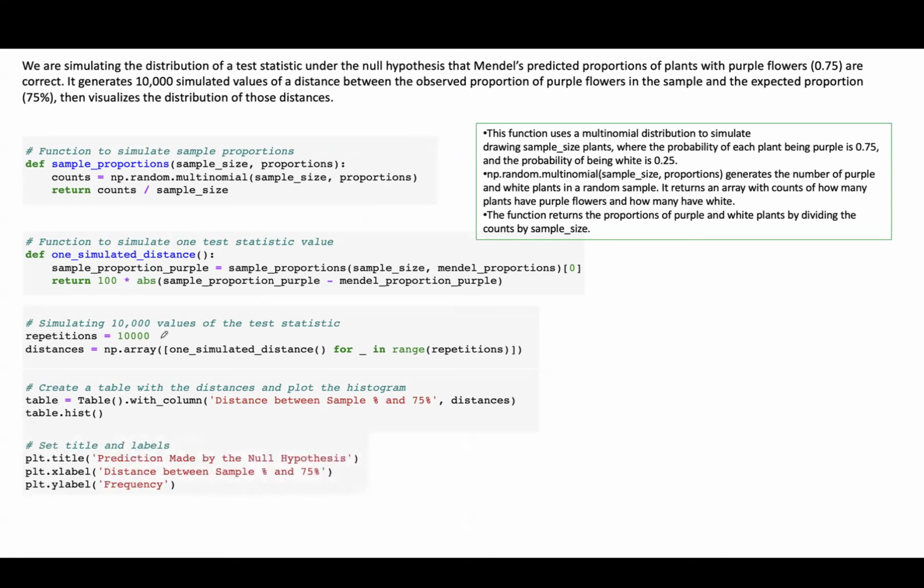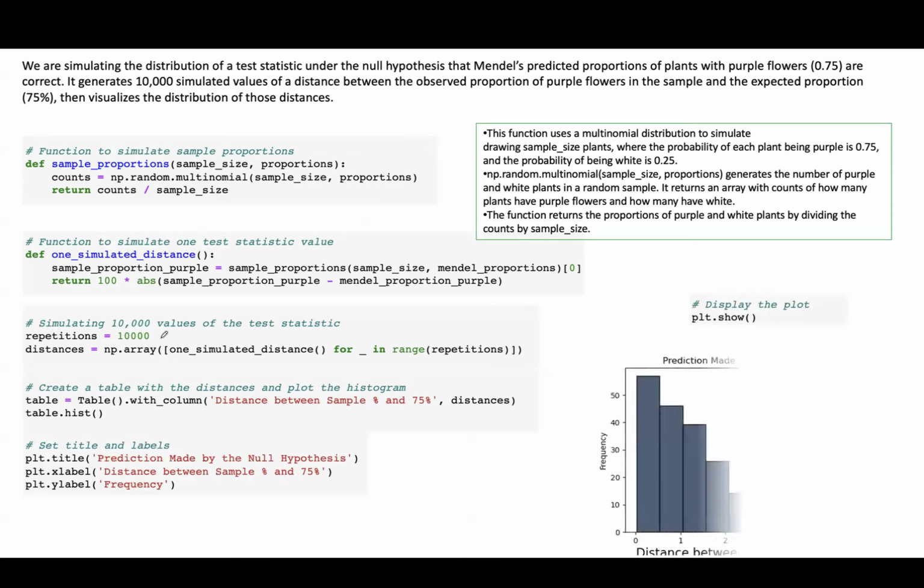Then create a table with the distances and plot the histogram. So if we graph and visualize this, this is the histogram that we see. Prediction made by the null hypothesis. Now, please pay attention. The distances between the sample percent and 75%.